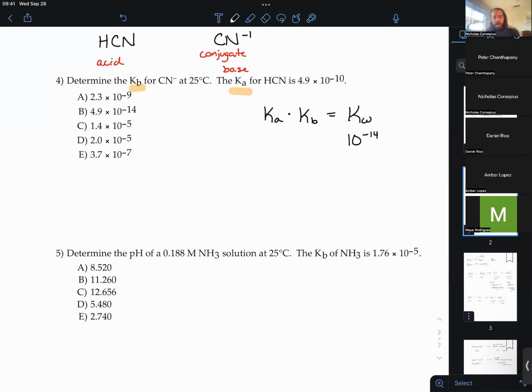If we know the Ka of a compound, we can always find its Kb and vice versa. All right, and so punching that into my calculator, if I take 10 to the negative 14 divided by that given Ka, I get the Kb, which is equal to this 2.0 times 10 to the 5th.